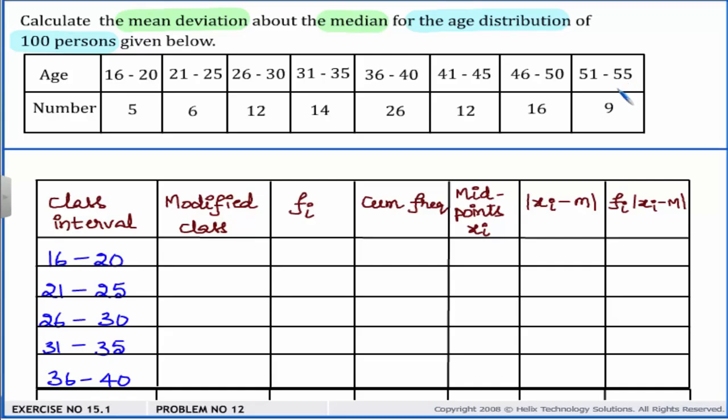Since the class interval is not continuous, it has to be converted into continuous frequency distribution by subtracting 0.5 from the lower limit and adding 0.5 to the upper limit of each class interval. Therefore, this is the modified class interval of the given data. Let us write the frequency as it is.